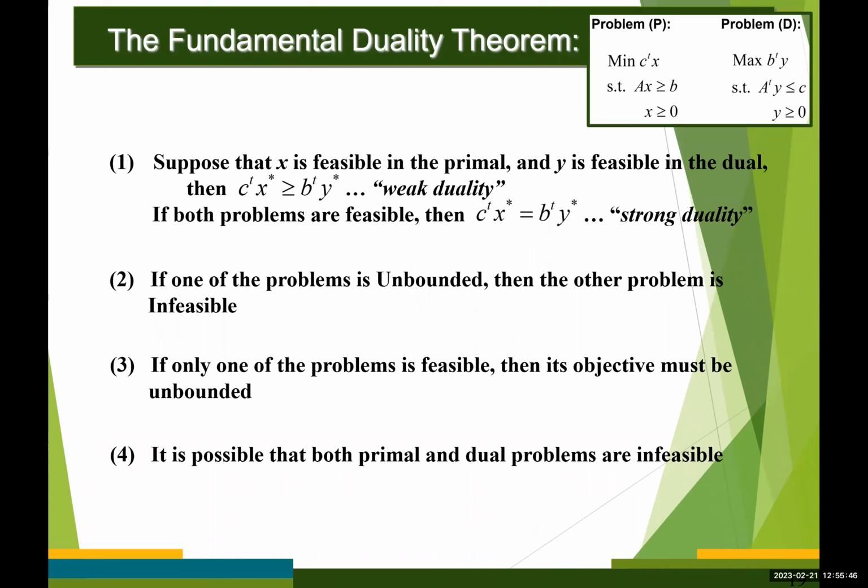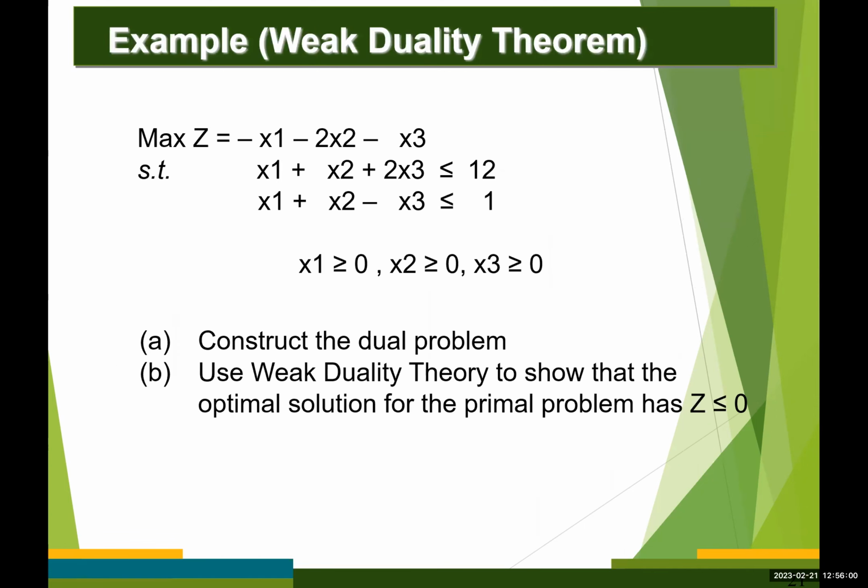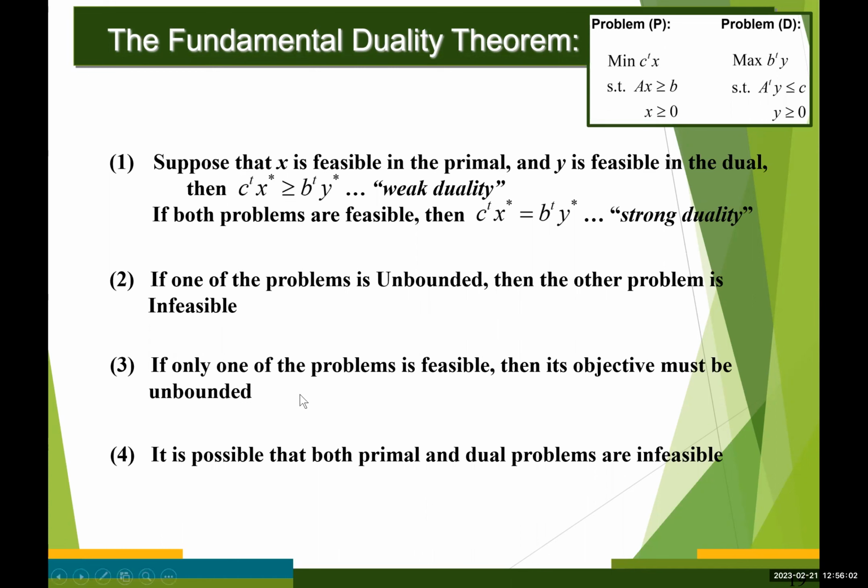Also, the second case: if one of the problems, either the primal or the dual, has a feasible solution and an unbounded objective function, so there is no optimal solution in this case, right?